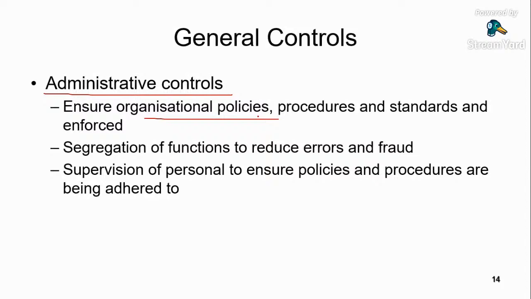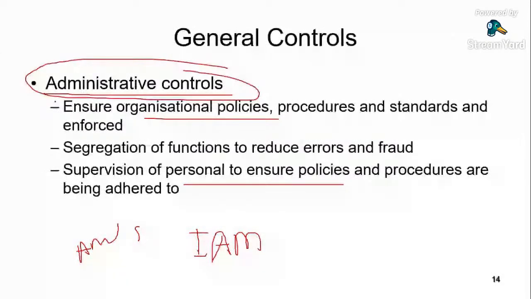The admin will have all rights to implement the policy, and this is an example of administrative control. So segregating functions reduces errors and fraud, and there is supervision of personnel to ensure they follow policies and procedures. If they are not following the procedure, their access should not be given. One very good example of this is Amazon AWS IAM service, which does the job of implementing administrative control.